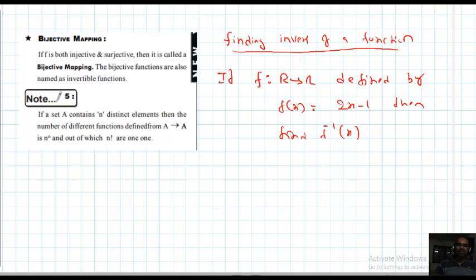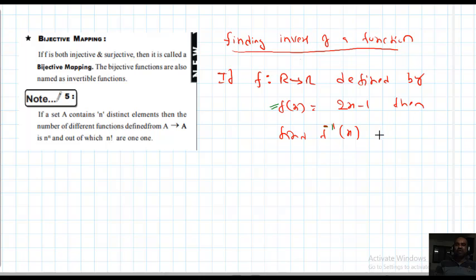First of all, I want to explain the meaning of this problem. F is a function from R to R under this rule. Automatically there exists a new relation from B to A, or codomain to domain. We want to find what is the rule for that inverse, if the inverse is a function. What is the rule for that new function, the inverse function? That is said to be f inverse of x.